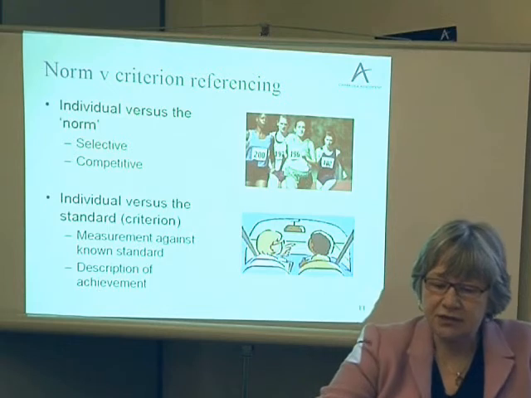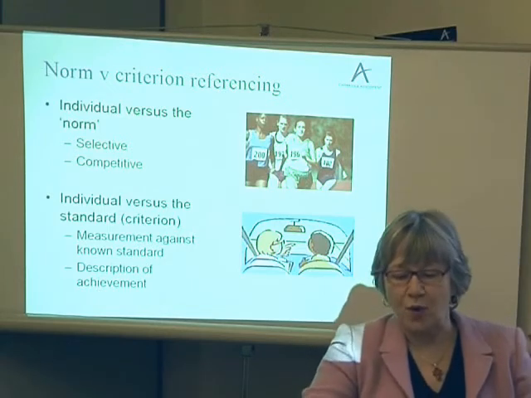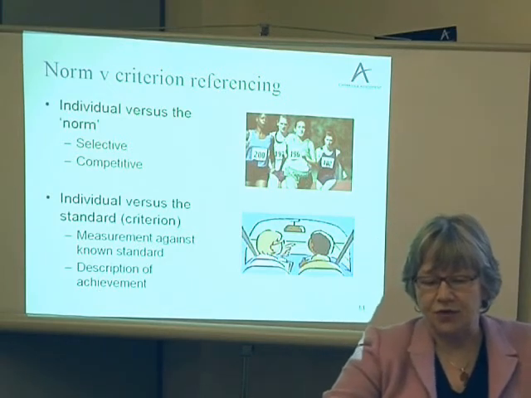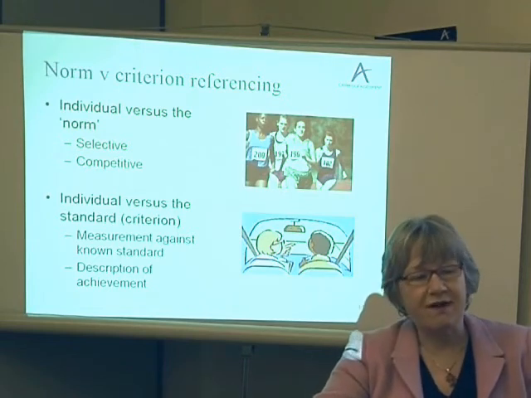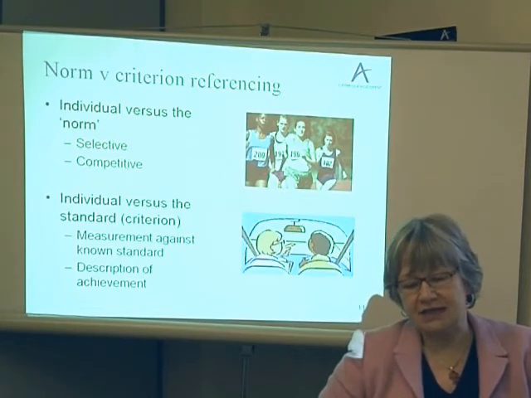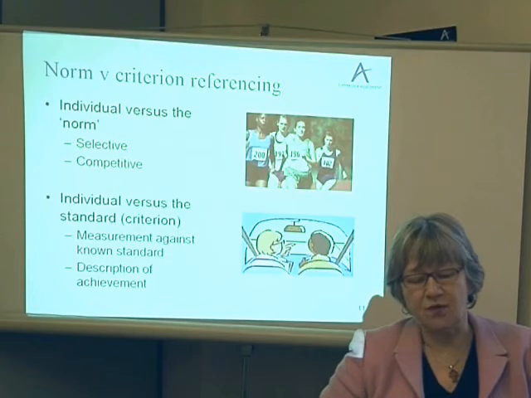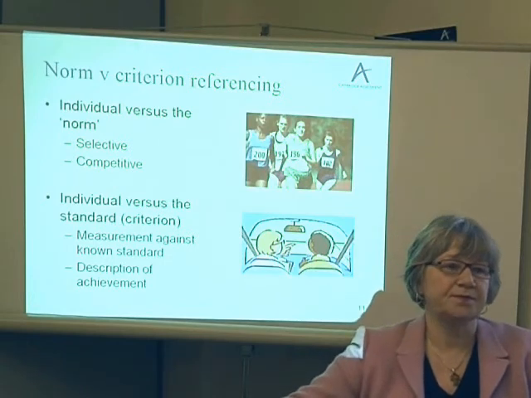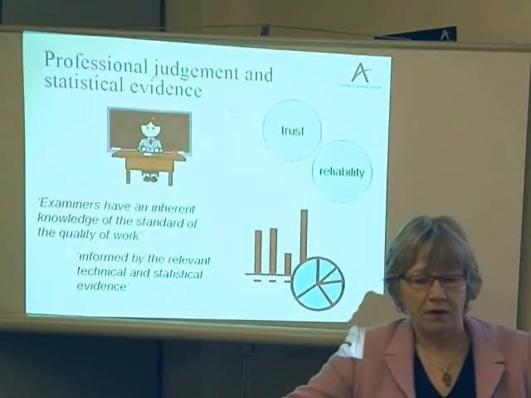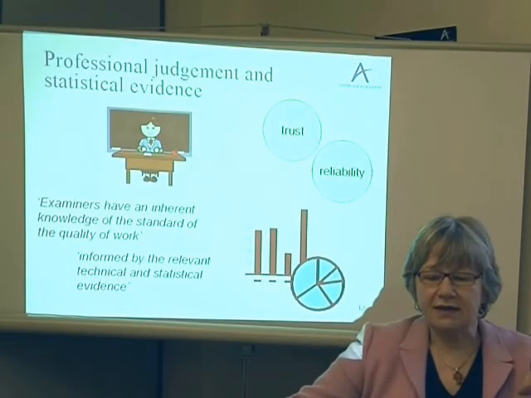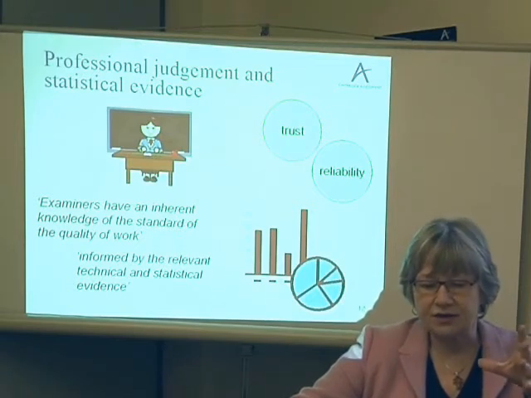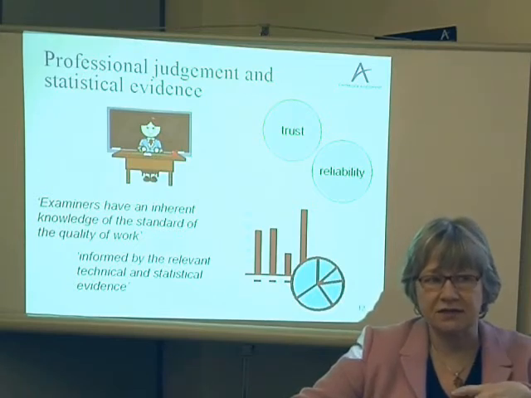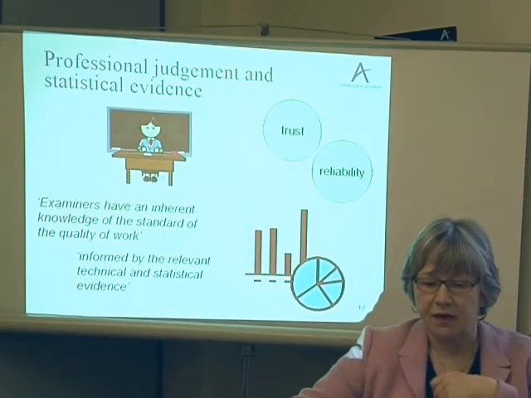Here you can see the 2 types of assessment, where norm referencing is useful to select the best, whereas criterion referencing is useful to set the standard against which performance is judged. Also within standards we touched on the use of professional judgment and the use of statistical evidence in assessment.